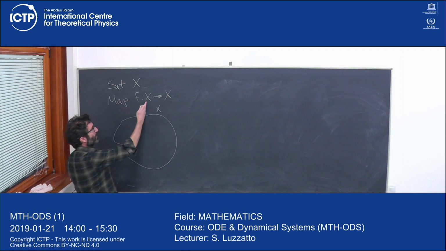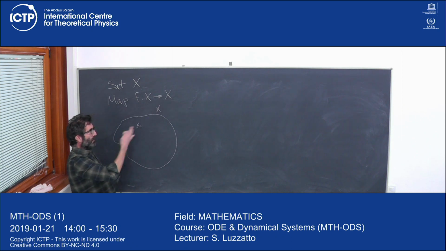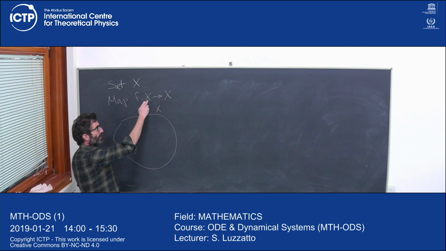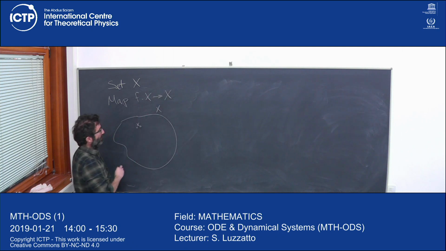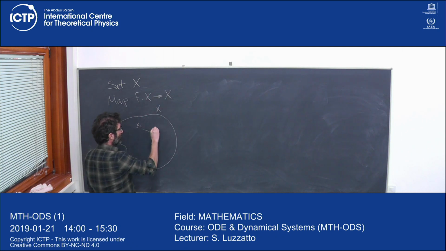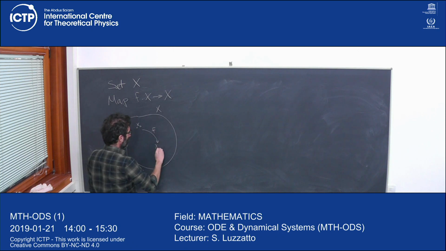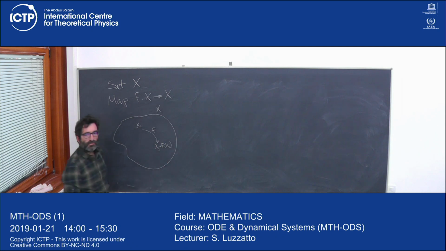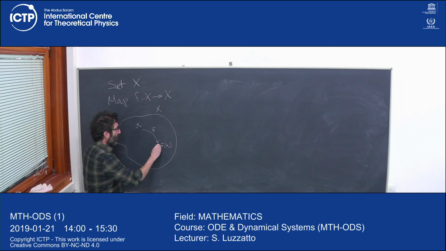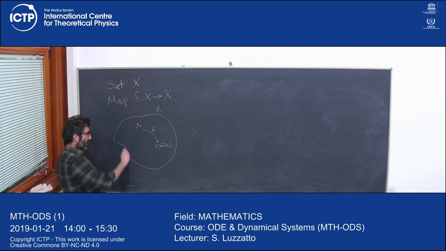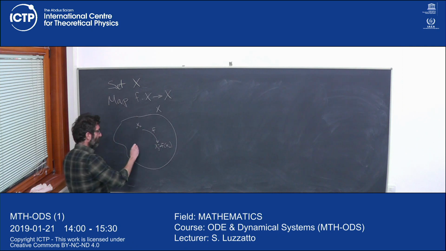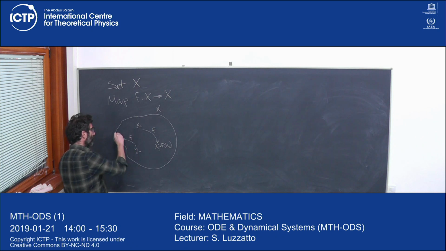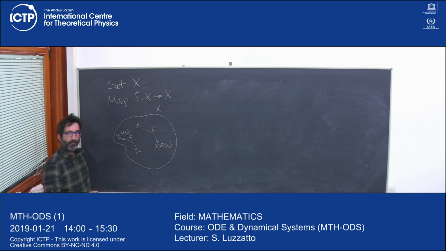So the map is a map from X to X, so for each point of X it associates another point of X. So we apply the map f, and we get another point which we can call x1, f of x0. Obviously, this is true for any point. So you take the point y0, you apply the map, and you get y1 equal to f of y0.